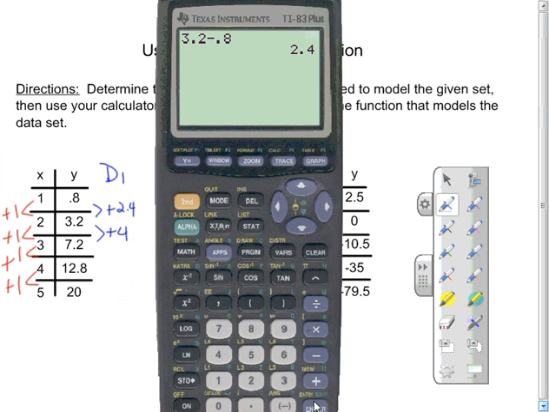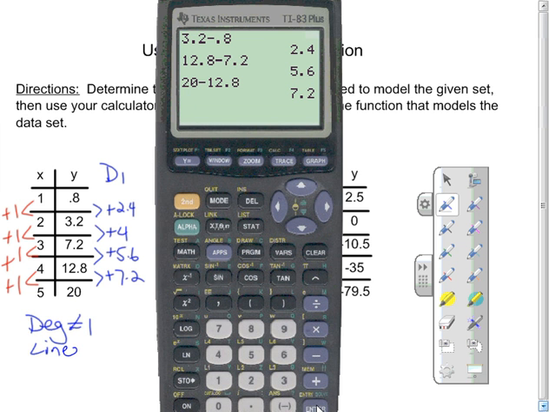So getting back to it, because I'll need to keep going. 12.8 minus 7.2 is a difference of 5.6. Okay? And 20 minus 12.8 is a difference of 7.2. Again, because these are not constant differences, we know that the degree is not equal to 1, and it is not a linear data set.